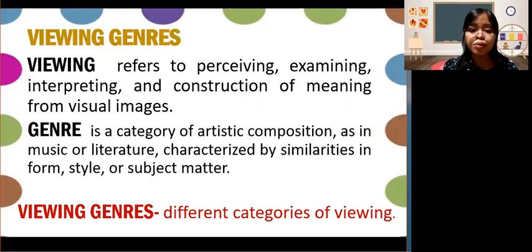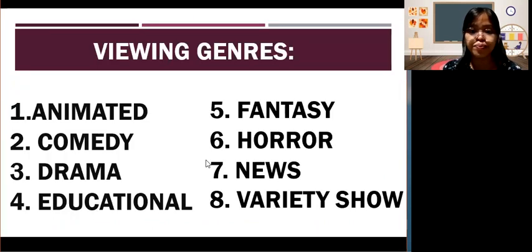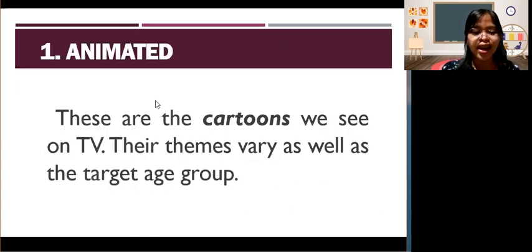When we combine, we have viewing genres, different categories of viewing. There are 8 that will be discussed today: animated, comedy, drama, educational, fantasy, horror, news, and variety show. We will discuss them one by one.